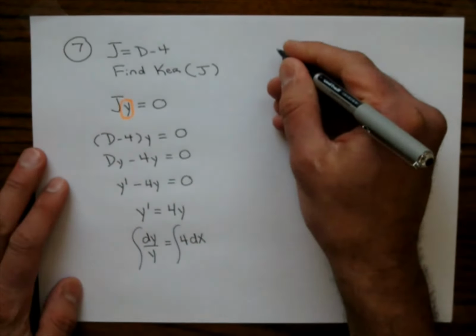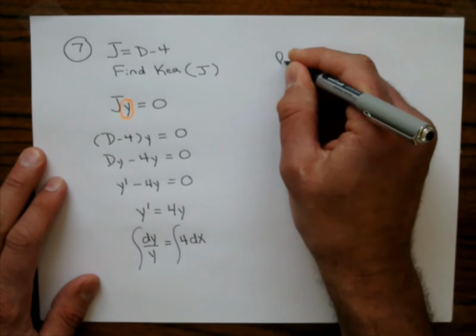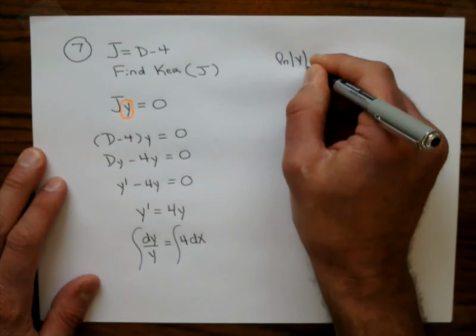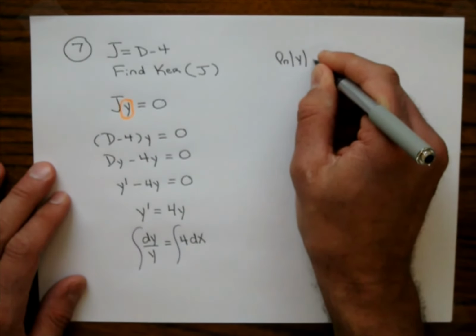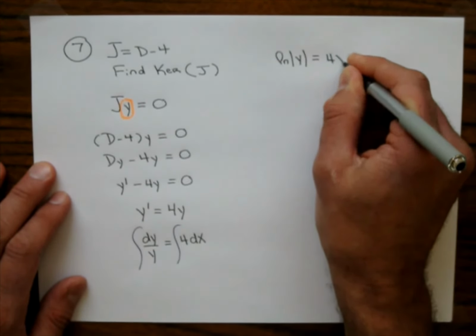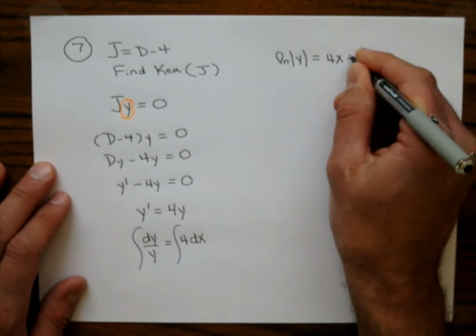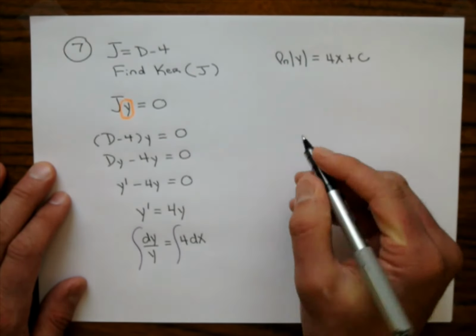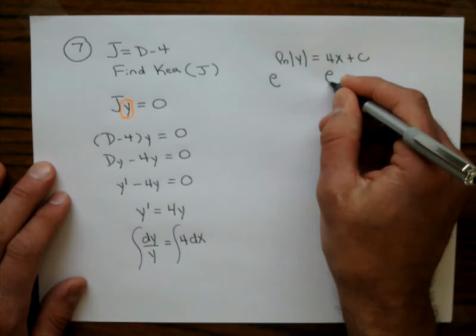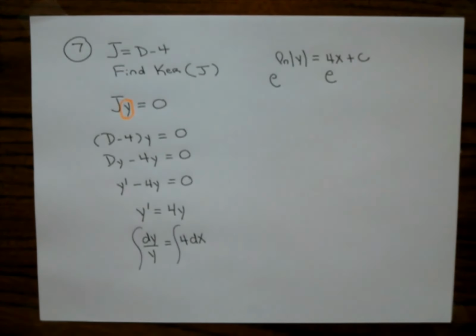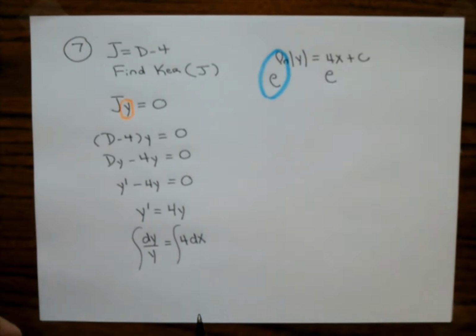I end up getting, we'll take the work up here, ln absolute value y equals 4x plus c. I'm going to exponentiate both sides, and on the right hand side this thing goes pop.